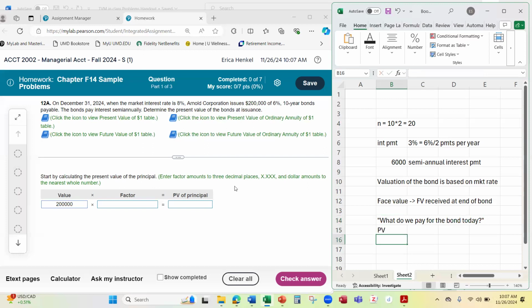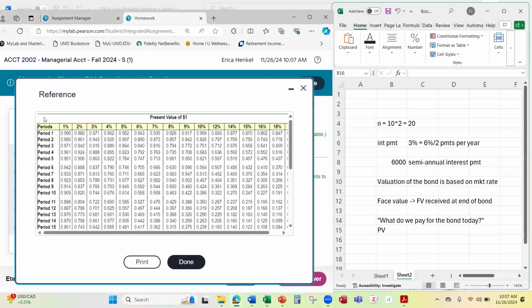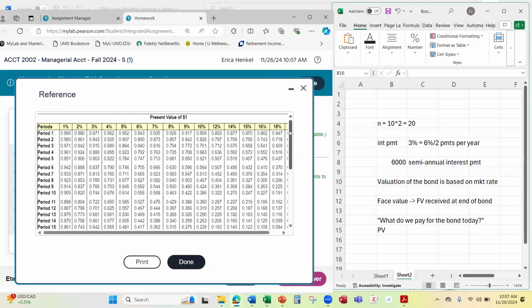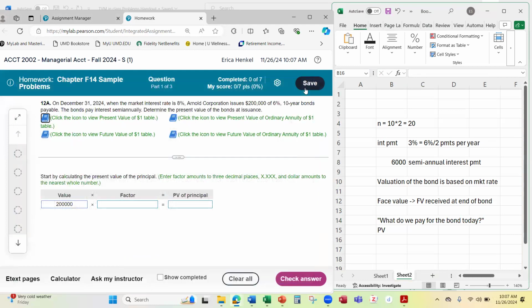So we're going to look at this present value table. We're calculating the value of the principal here. We need to look for 20 payments. What was our market rate of interest?